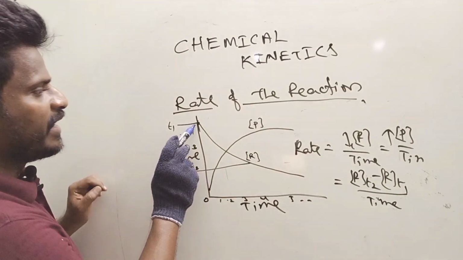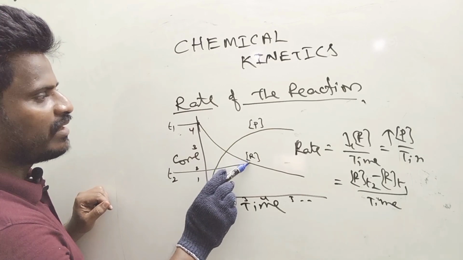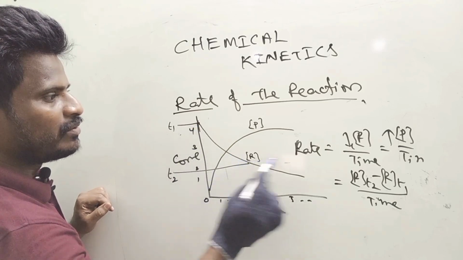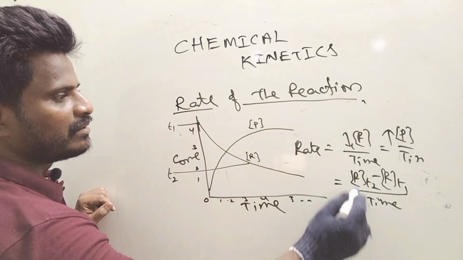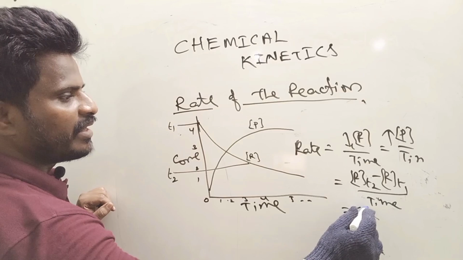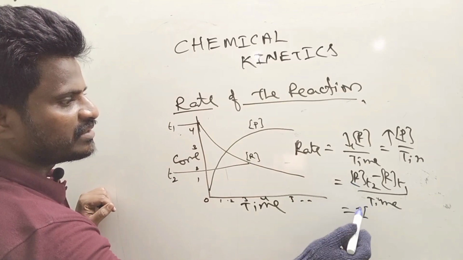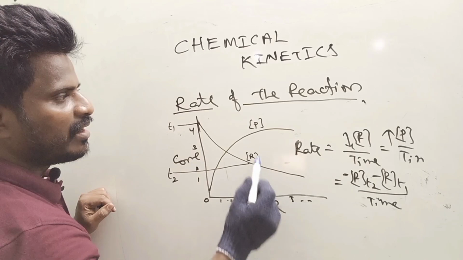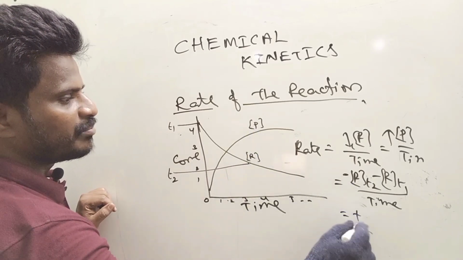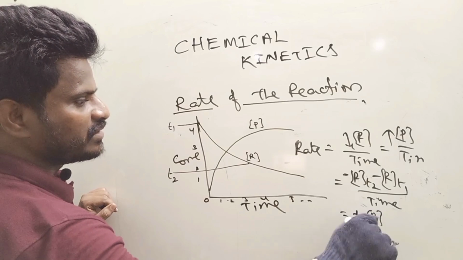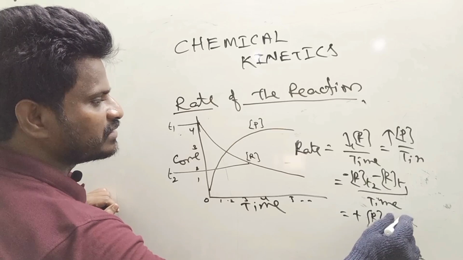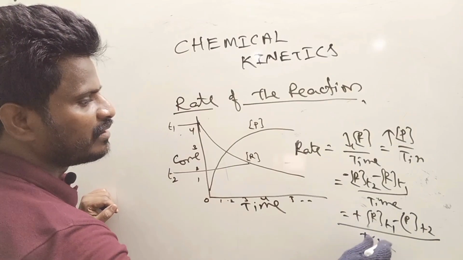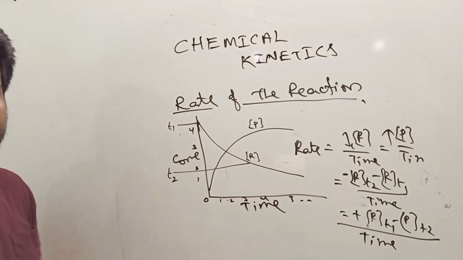Here one is the higher value and one is the lower value. When we subtract higher value minus lower value, this value is positive. But here we take it as minus. This minus represents the decreasing concentration, and product concentration is plus: product concentration at time T2 minus product concentration at time T1 divided by the change in time.